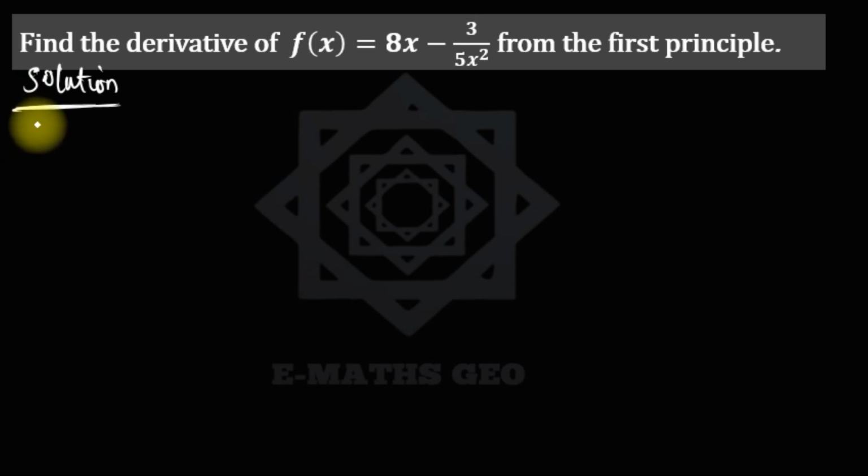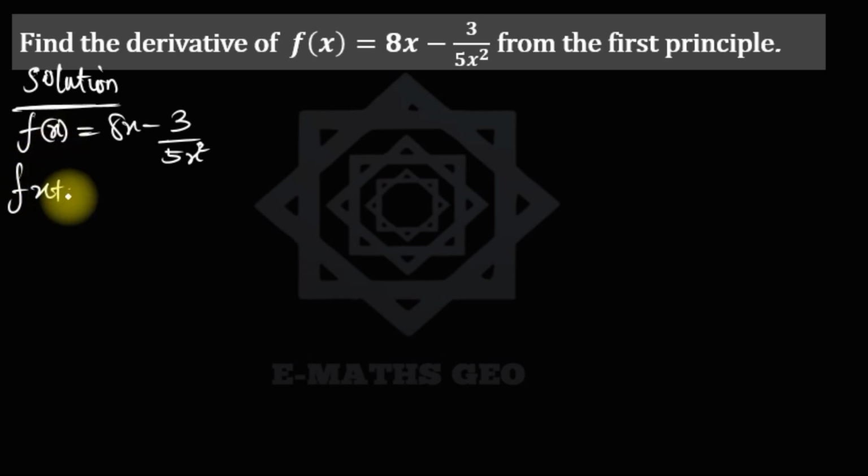As we can see, we have that f of x is 8x minus 3 over 5x squared. x will also change.